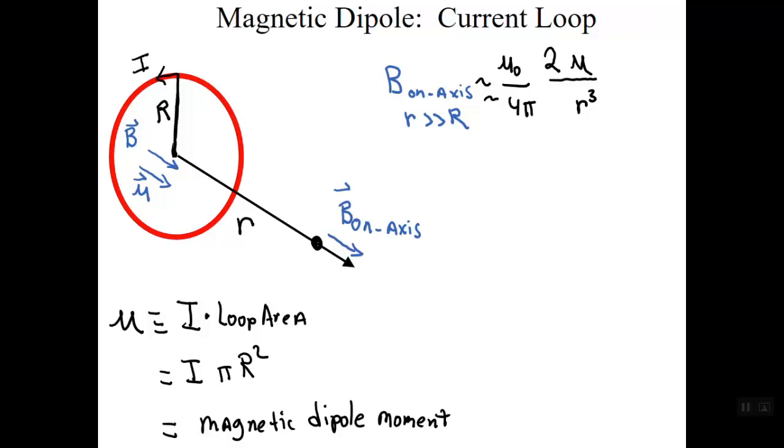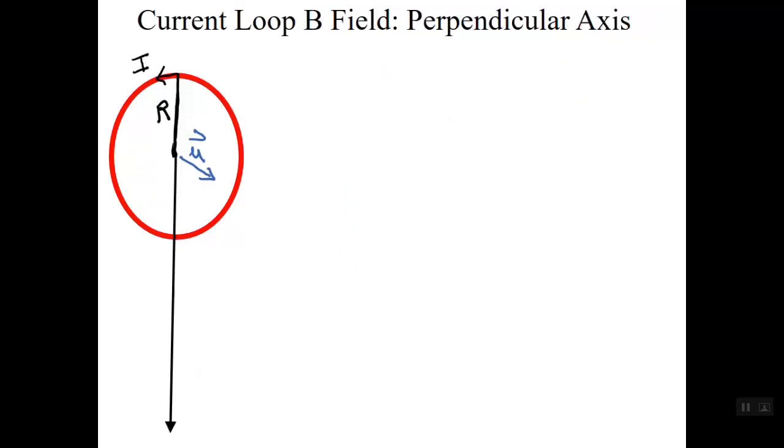Let's now look at the magnetic field of a loop at locations other than on axis. Another good place to look is on a line that passes through the center of the loop along the diameter of the loop. Such an axis is perpendicular to the symmetry axis we just discussed, perpendicular to the vector mu, so we'll call such axes perpendicular axes.